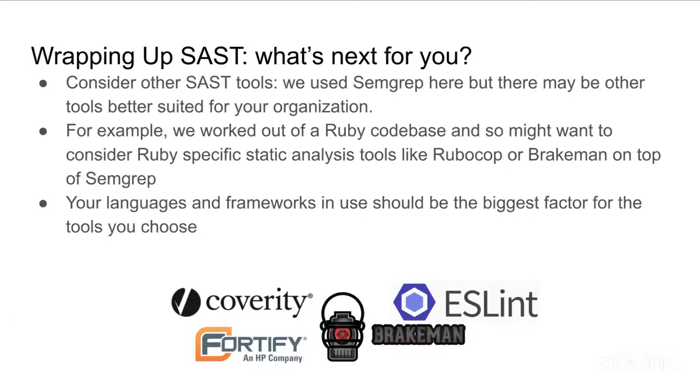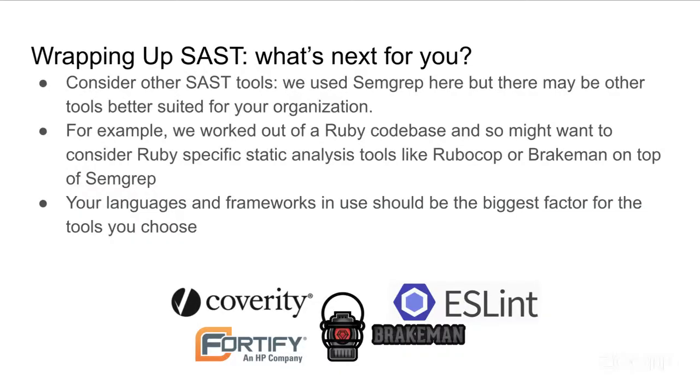So what's next? We've been talking about a small handful of security tools. I mentioned the one that I wrote. There's also SemGrep, the one that we've been working on in this workshop. But there's a number of other tools that you can use. If you work in a Ruby shop, you might use something like Brakeman. If you work in a JavaScript shop, you might use ESLint.